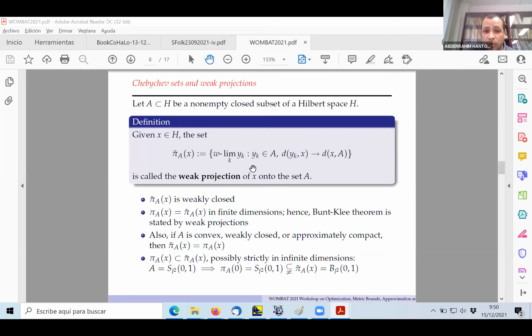Actually, this set is weakly closed because of its definition. Of course, in finite dimension, it coincides with the usual projection, because weak limits are strong limits.